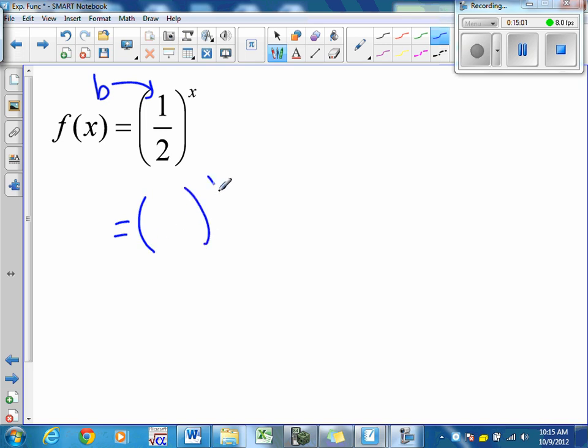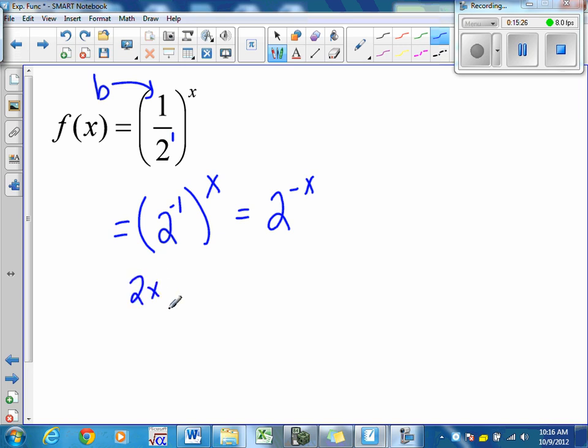We know that 1/2 is the same as 2 to the negative 1, right? Because here it's to the first, you can flip it to the top and it becomes a negative. Now, our properties of exponents say when you have a power to a power, you multiply. This is 2 to the negative x.